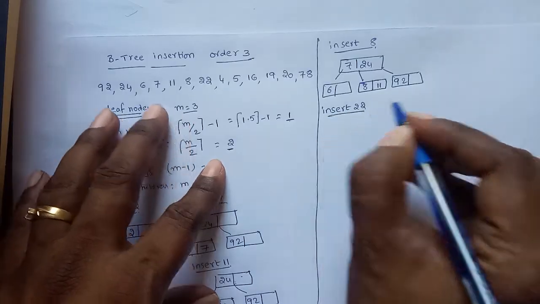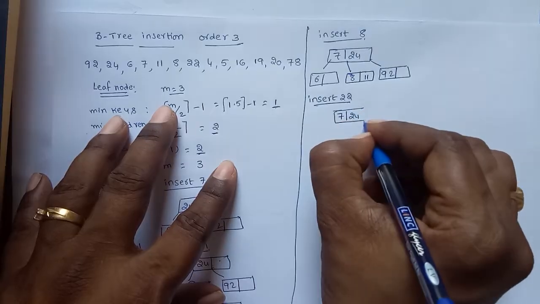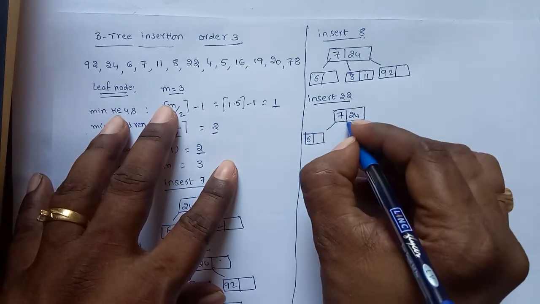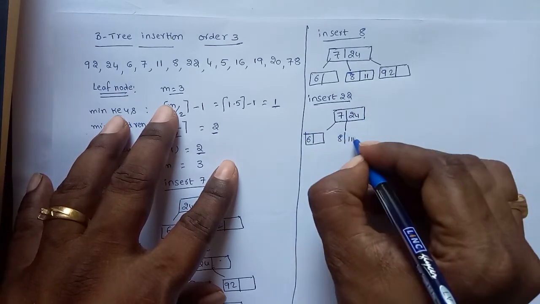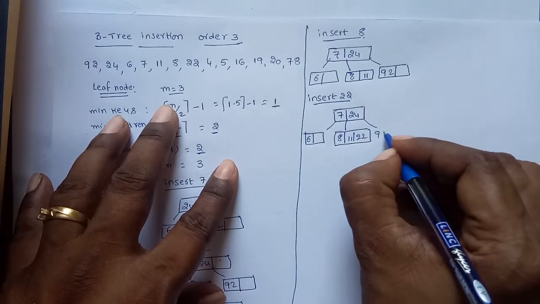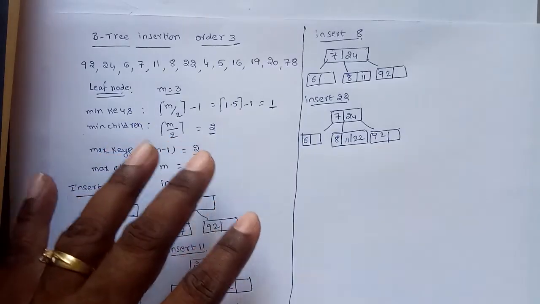Insert 22. With 7, 24 and 6, 8, 11, 22 is between 7 and 24. So this is the position of 22.